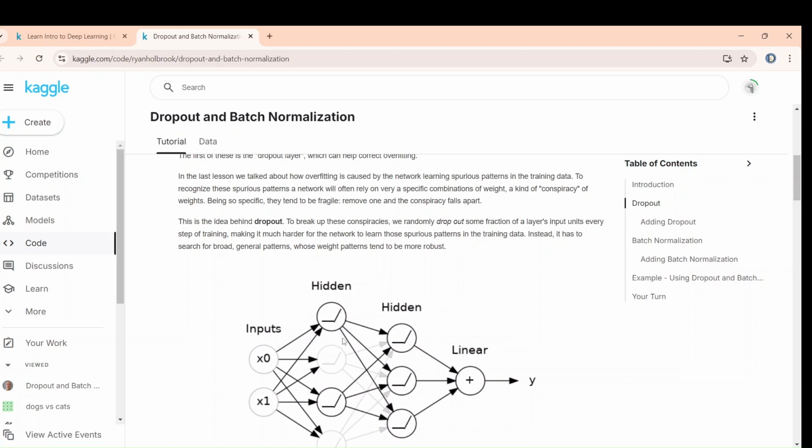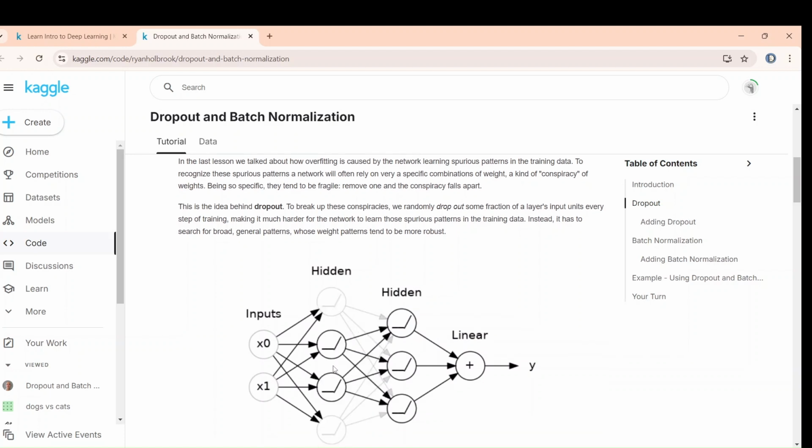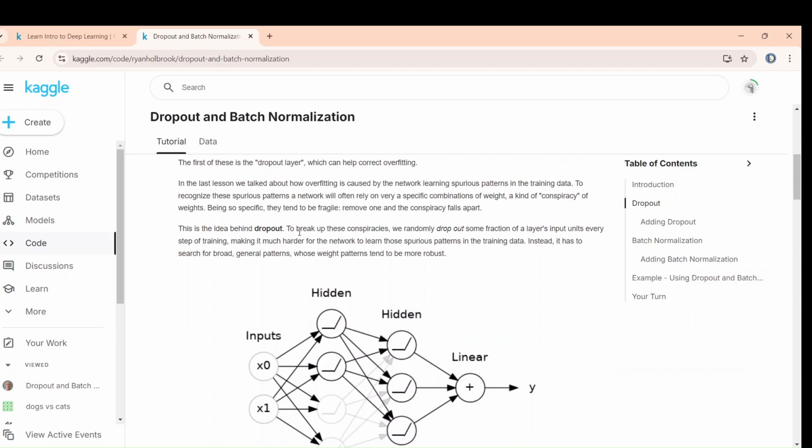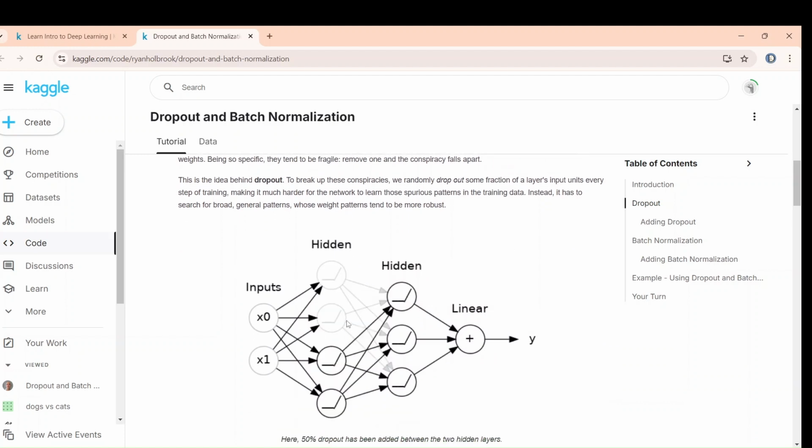This technique is known as the dropout technique because here you are just removing some units. When? Which ones? The answer is randomly. Let's read this. To break up this conspiracy, we randomly drop out some fraction of a layer's input. Maybe at the first epoch, I am randomly removing these two. Next epoch, I am randomly removing these two.